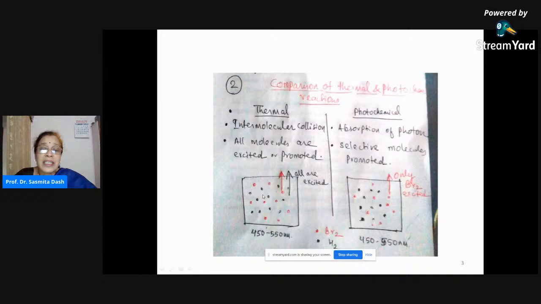I have represented black dots for hydrogen and red dots for bromine gas. In a thermal reaction, when it is heated, all hydrogen and bromine are excited, whereas in a photochemical reaction, when we expose this same mixture of hydrogen and bromine to radiation of 450 to 550 nanometer, only the bromine molecules will be excited, not the hydrogen molecules. So this is the speciality of photochemical reactions compared to thermal reactions.